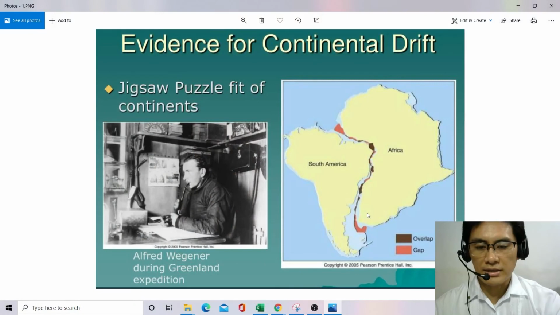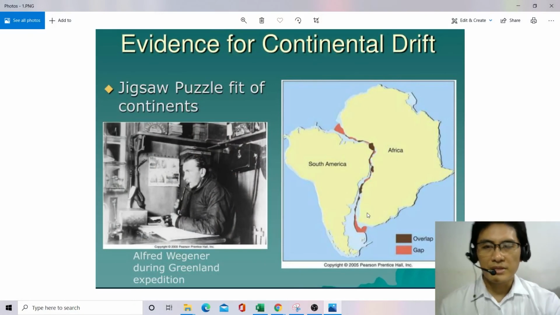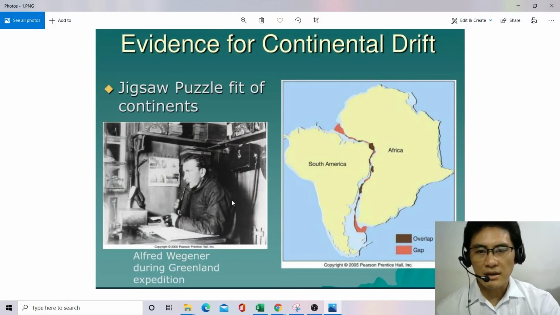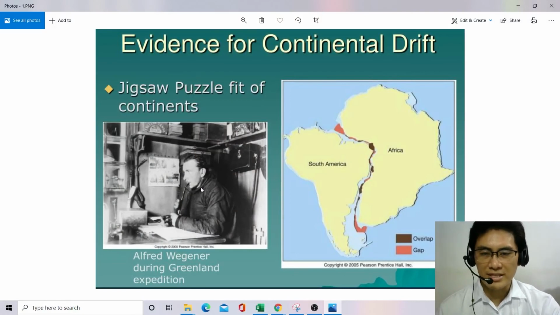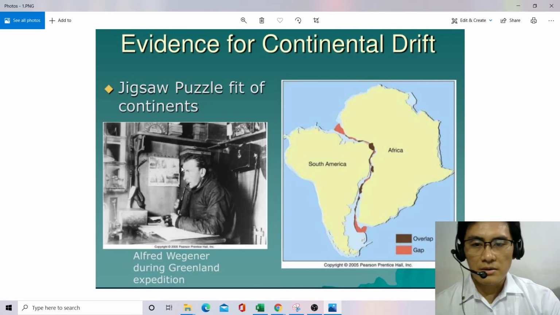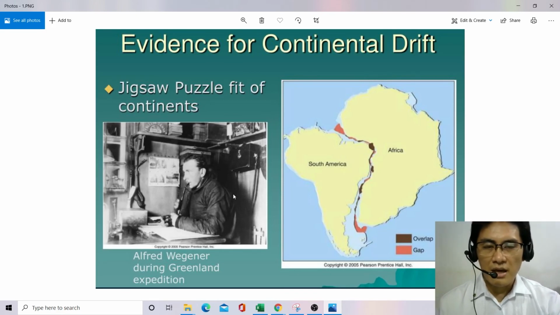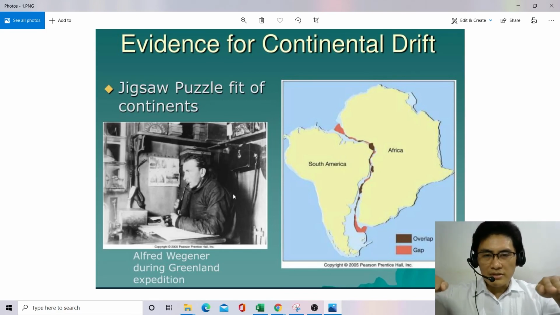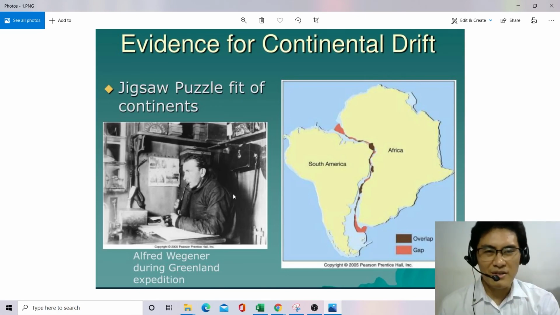First of all, what is this continental drift theory? Let us review. Please remember that a scientist named Alfred Wegener proposed this theory that the continents of the world actually shifted or moved along the surface of the earth.